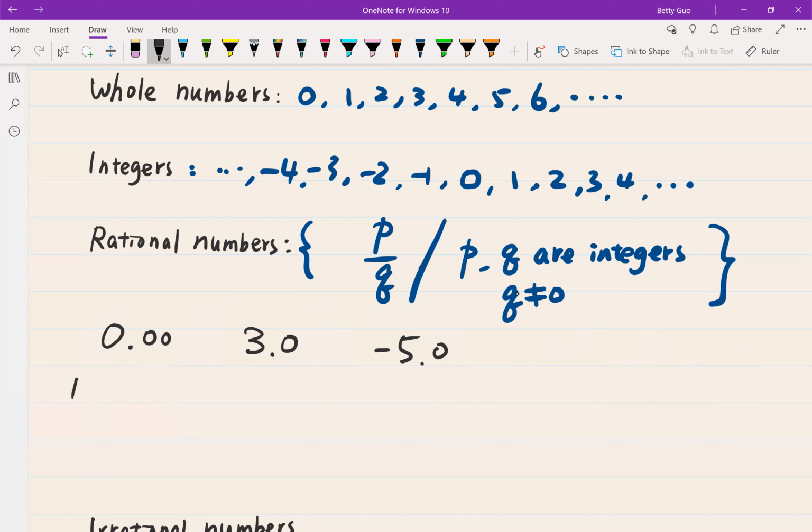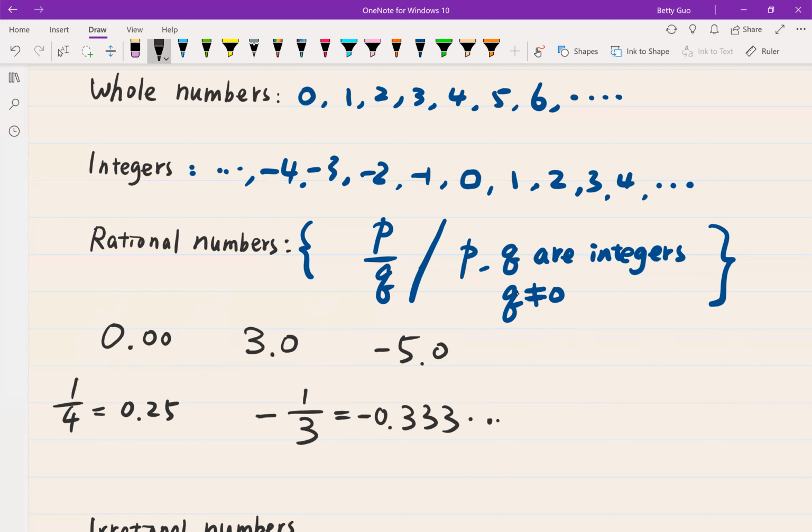We know 1/4 is 0.25. And you can write 1/3 as, if you have a calculator, you divide 1 by 3, you will see 1/3 is 0.333 forever, right? If you have negative 1/3, you have negative 0.3333 repeating.